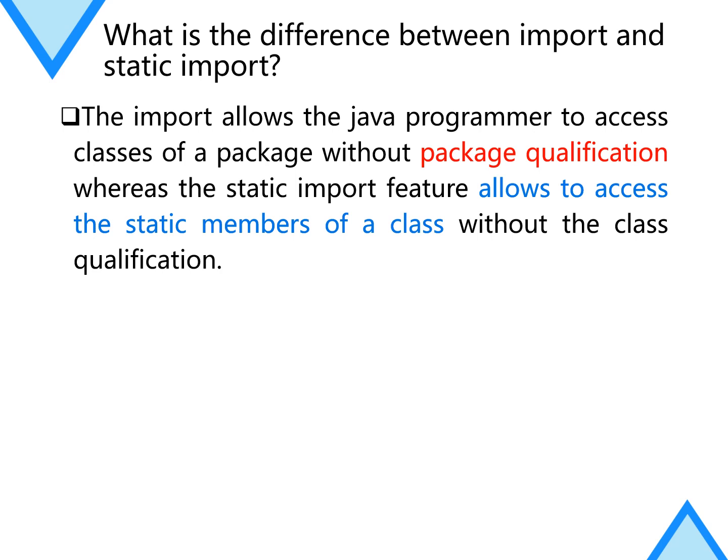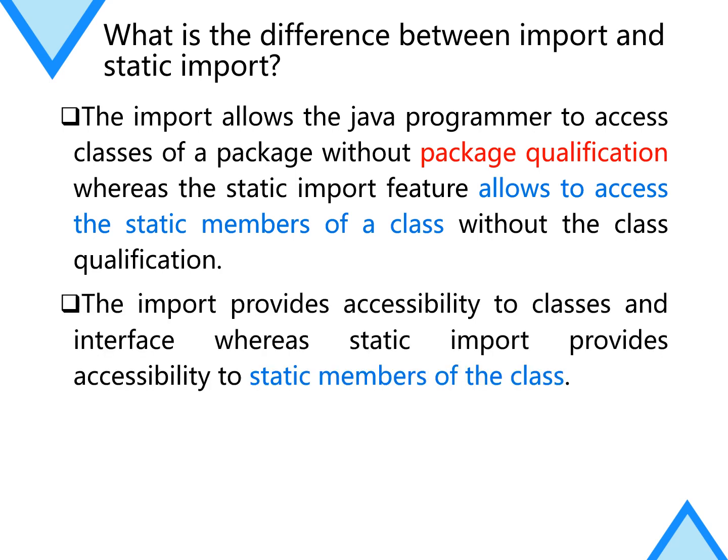Import provides accessibility to classes and interfaces, whereas static import provides accessibility to the static members of a class. When we need access to classes and interfaces, we just use import, and if we need access to the static members of a class, then we use static import.